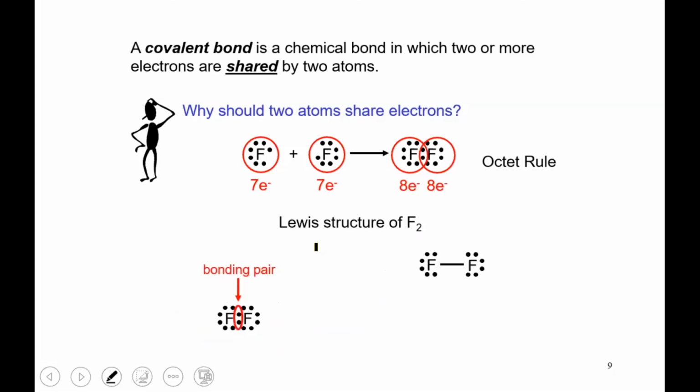And then the pair that's being shared, called the bonding pair, we're going to represent as a line. And we're going to say that line is a single covalent bond. So a line in a Lewis structure represents one pair of electrons that's being shared, or in other words, a single covalent bond.